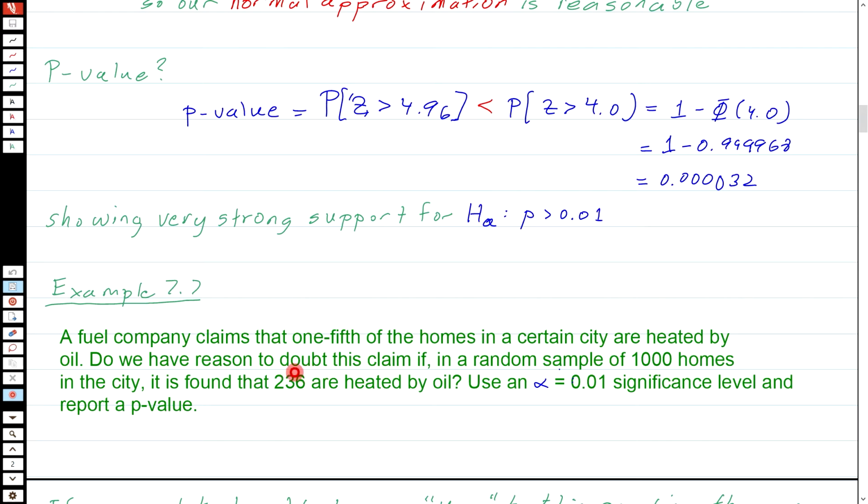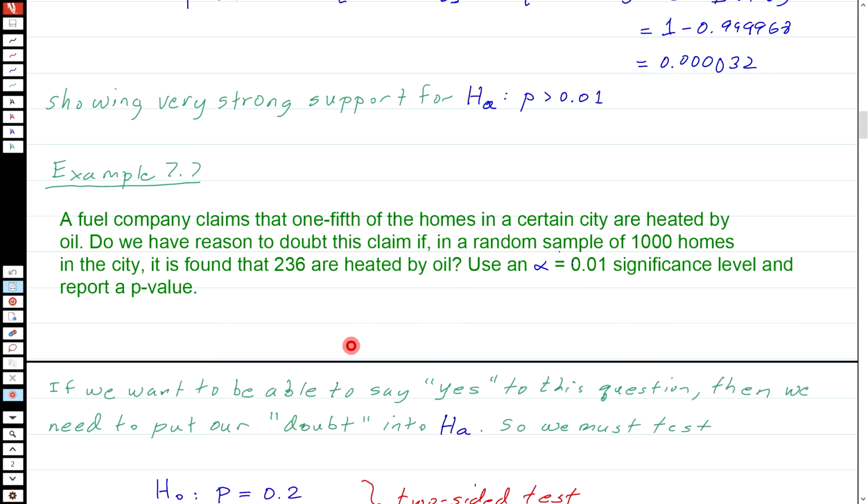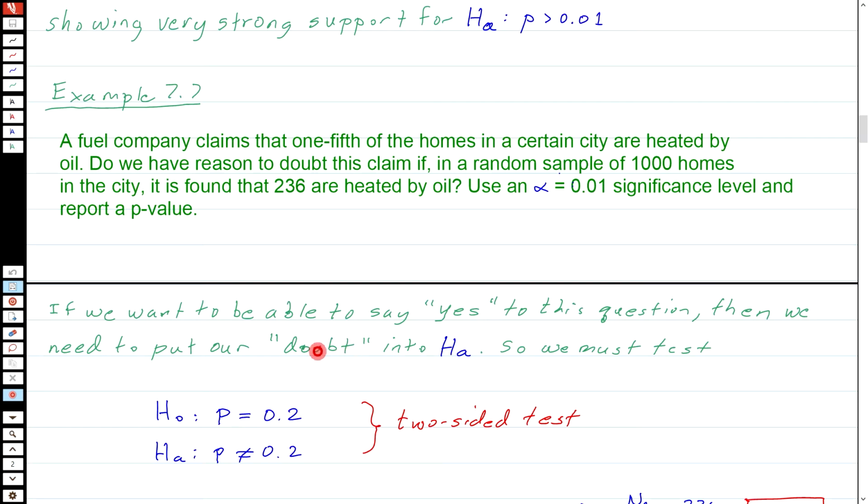So this is going to be a two-sided test where the claim is 1/5, or that p is equal to 0.2. If we want to be able to say yes to the do we have reason to doubt this claim, then we need to put that doubt into HA. So we must test H naught, p is equal to 0.2, HA, p is not equal to 0.2.